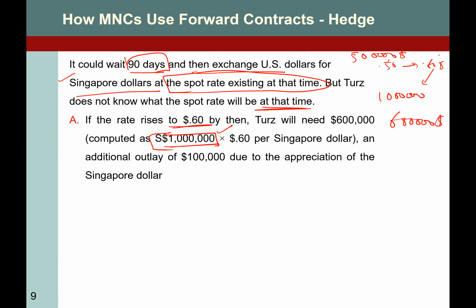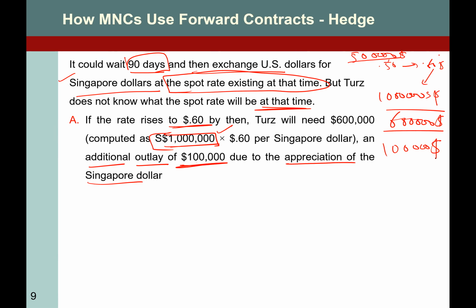But now, in order to convert to 1 million Singaporean dollars, you need $600,000. It means an additional outlay or outflow of $100,000 due to appreciation of the Singaporean dollar.